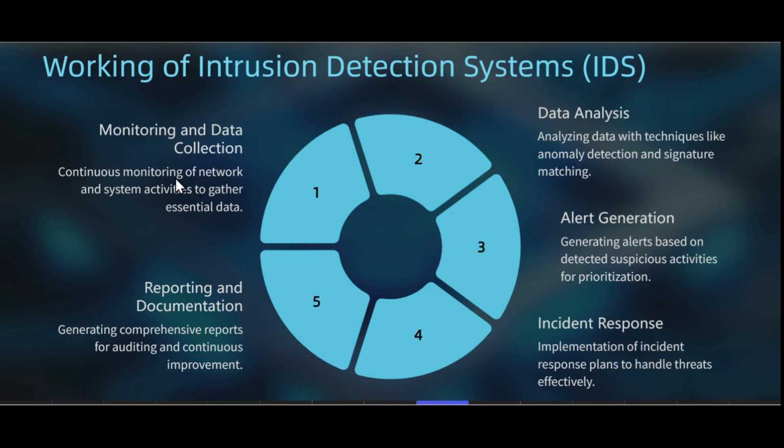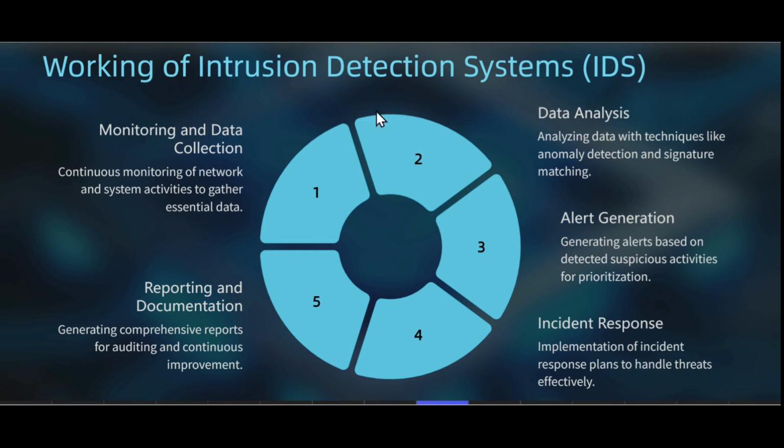When suspicious activity is detected, the IDS generates alerts, allowing administrators to prioritize incidents. Organizations then activate an incident response plan, which may involve isolating systems or updating security rules. IDS also generate detailed reports, which are essential for audit compliance and improving security policies.